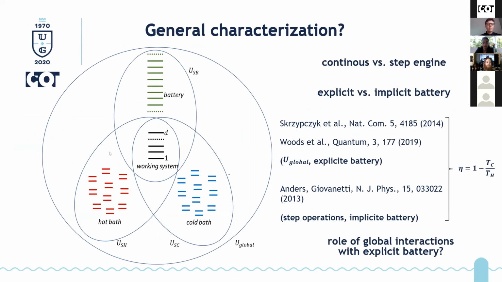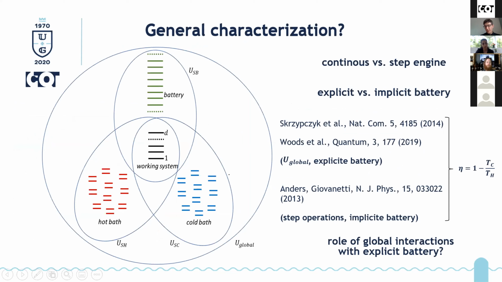So there are these general models that try to approach this from the resource theory perspective. The general model includes the working system, the cold and hot bath, and the battery system. And there are already some results.